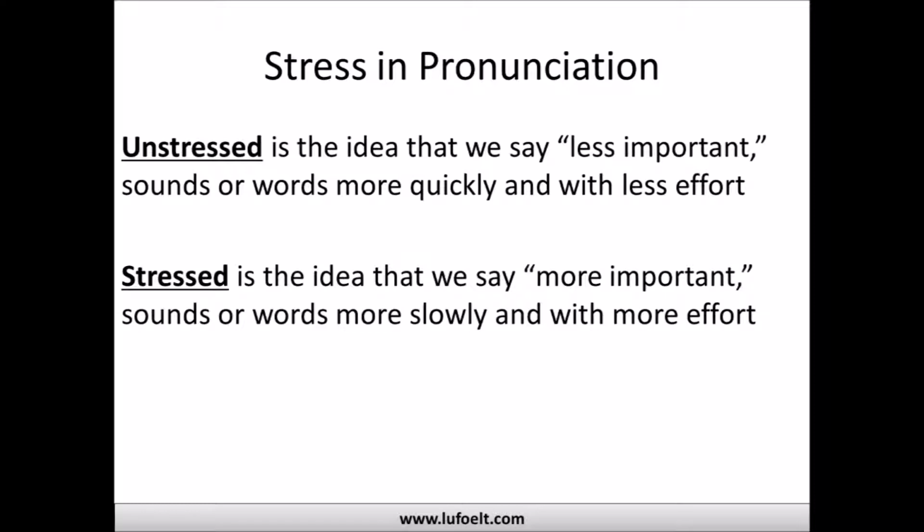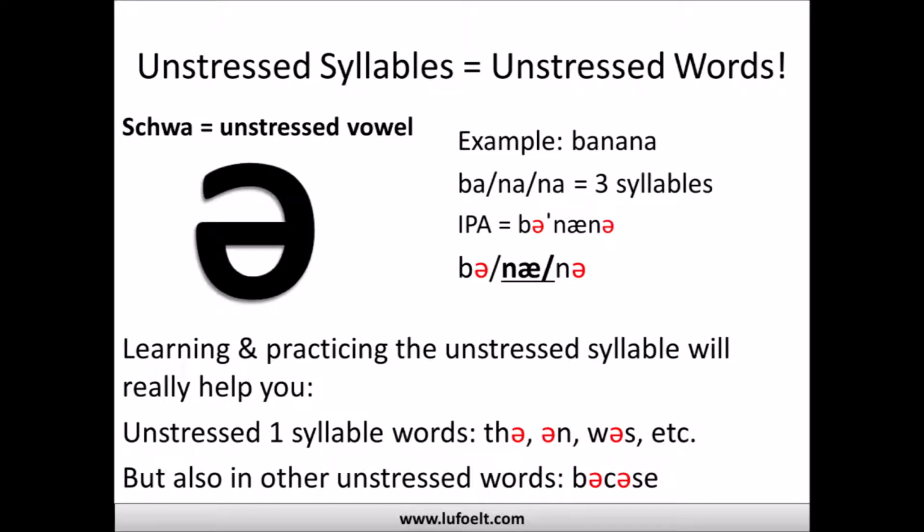Okay. So I did show some examples of this in the stressed and unstressed syllables video, and this is why I say to check out the first video, because this really ties into how you will pronounce unstressed words. I showed an example of an unstressed vowel sound, which is represented by this IPA letter schwa.